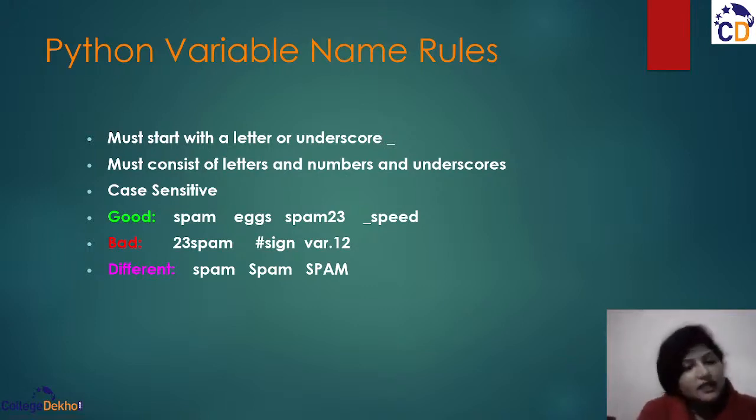These three variables are defined in the memory. They are not the same, even though the names are the same, because each character holds a different ASCII value in the memory.